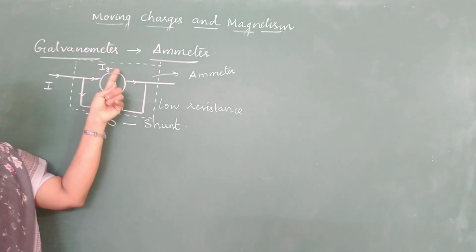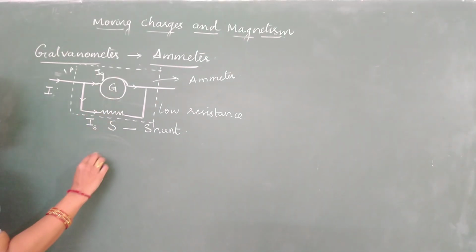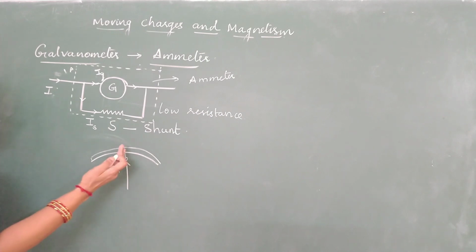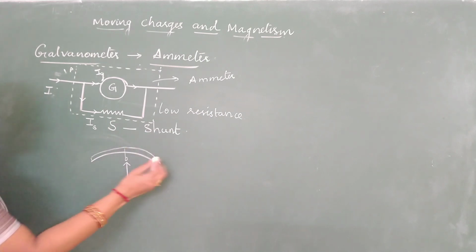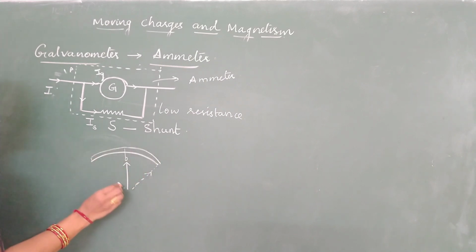We know the galvanometer will deflect. The first step: when we manufactured the galvanometer, it had a semicircular scale, with 0 at the center and the needle pointing towards the center. When there is a current in one direction, the needle will deflect to this side. If you reverse the current, the deflection will go in the opposite direction.